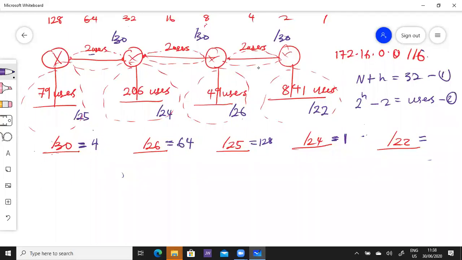Because if you borrow 2 bits from class B... Who says you are borrowing 2 bits? It's 4.